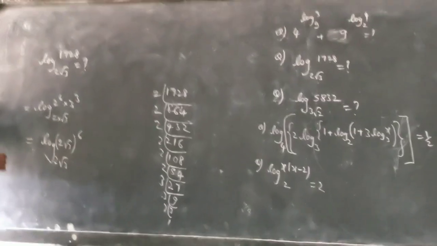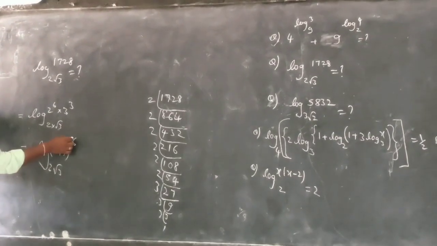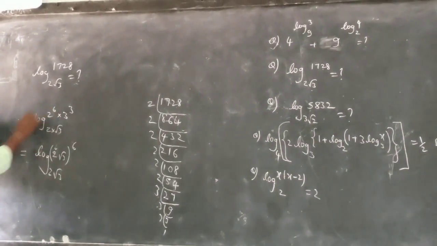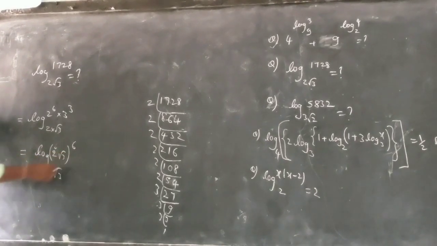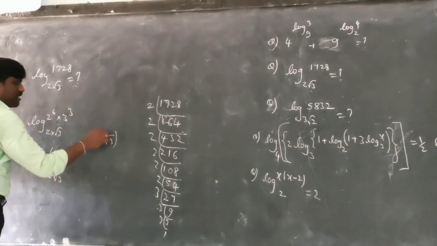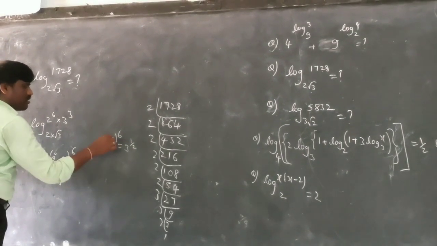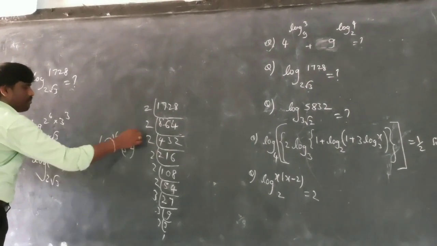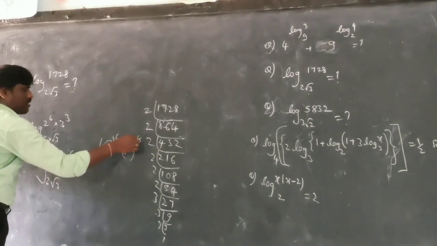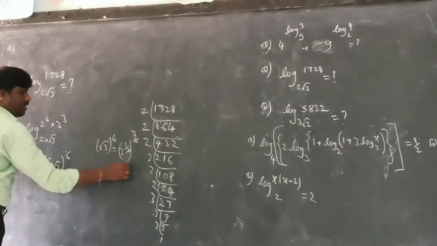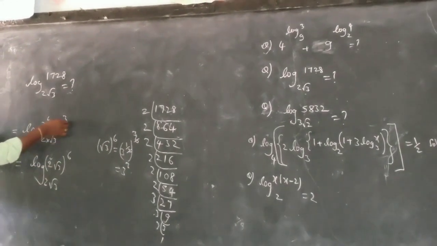Then this I carry here, 2 power 6 I get, and this is root 3. You know root 3 power 6 is how much? 3 power 1 by 2, to the power of 6. 2 and 3 are cancelled, I get 3 cubed. So I am getting the same again, 3 cubed.